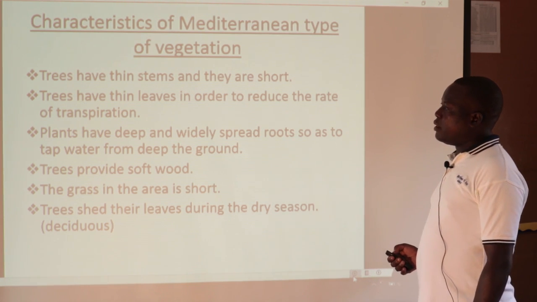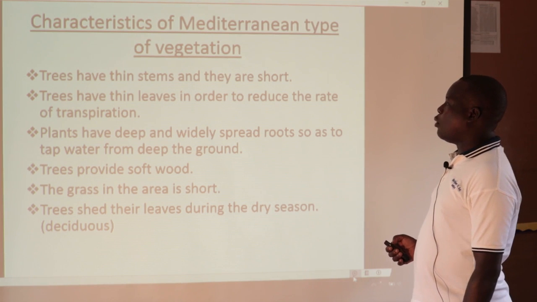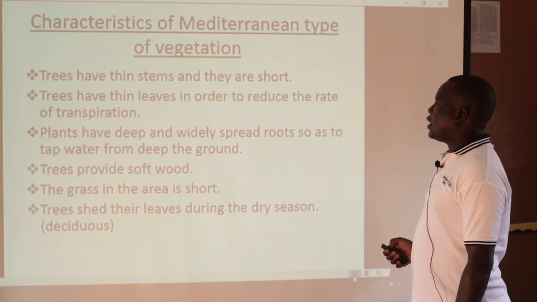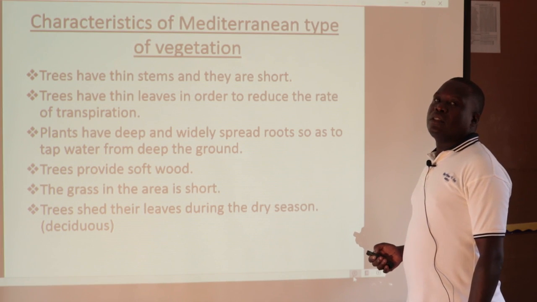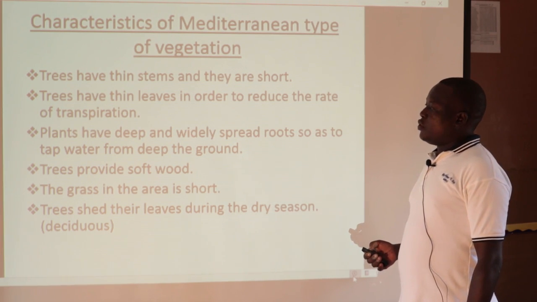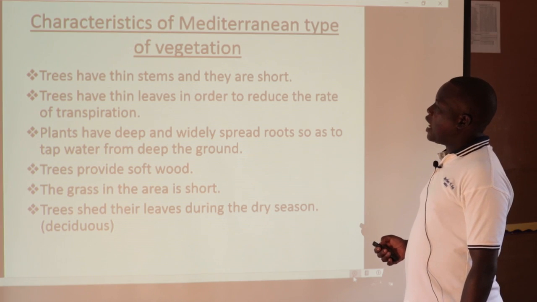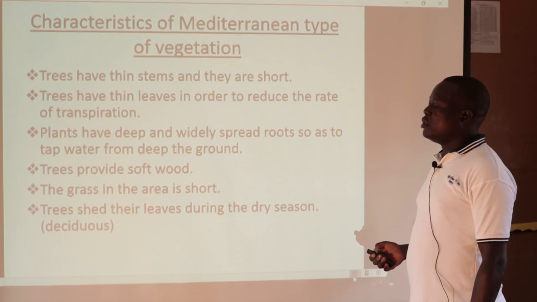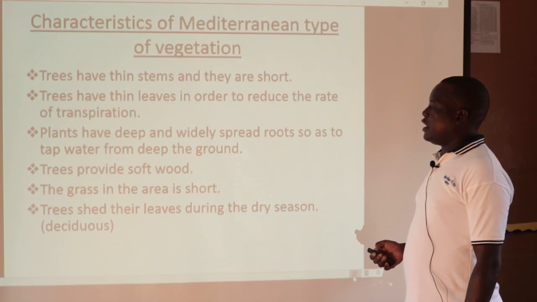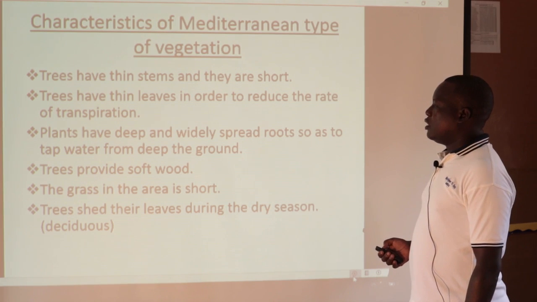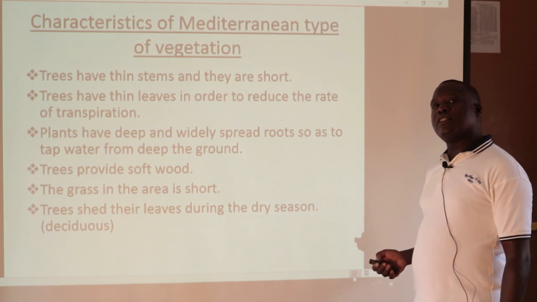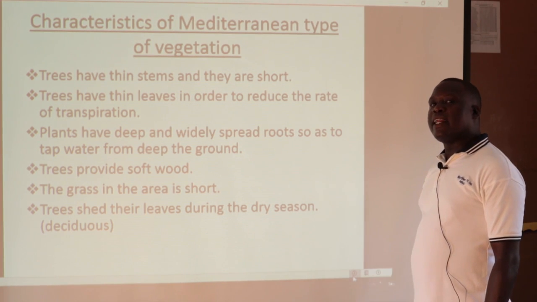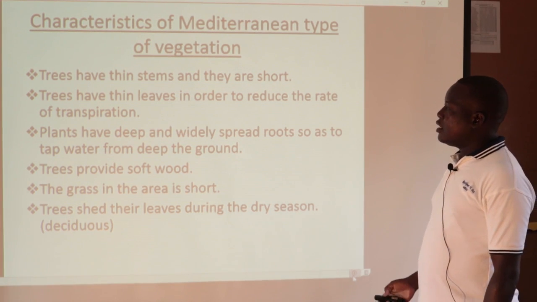We also say that plants have deep and widely spread roots so as to tap water from deep in the ground. And trees in the Mediterranean lands also provide softwood, and the grass in the area is short. Trees shed their leaves during the dry season, and we call those trees deciduous trees.